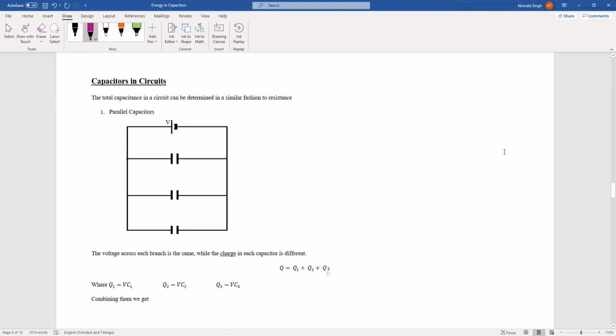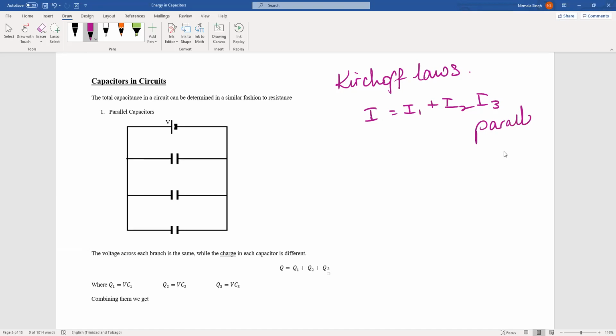Capacitors in circuits. Now here we're going to remember our Kirchhoff laws. In our Kirchhoff laws, we know that the first one, I is equal to I1 plus I2 plus I3, we know that for a parallel circuit.